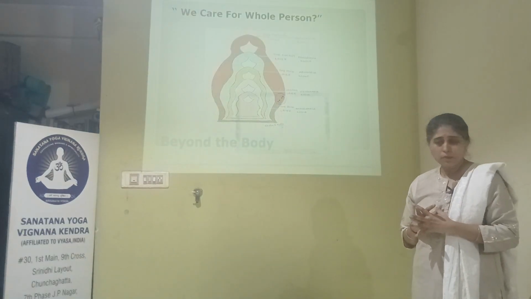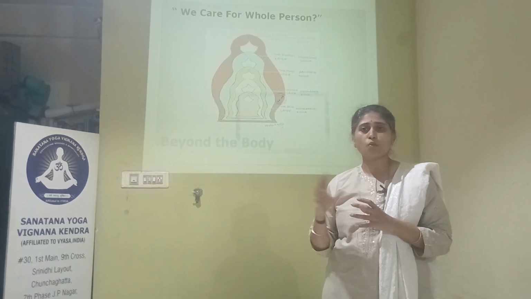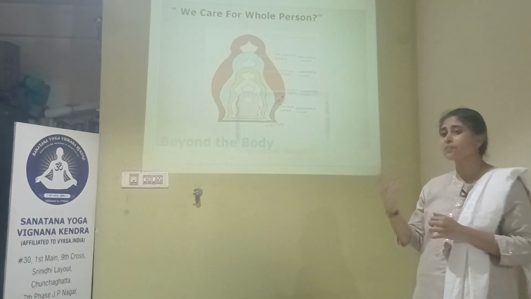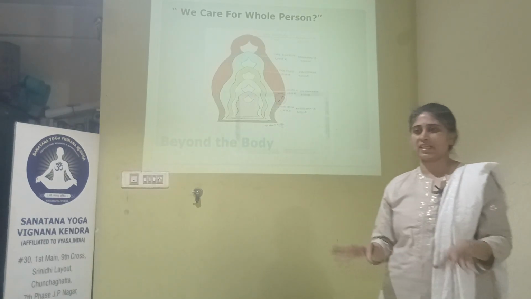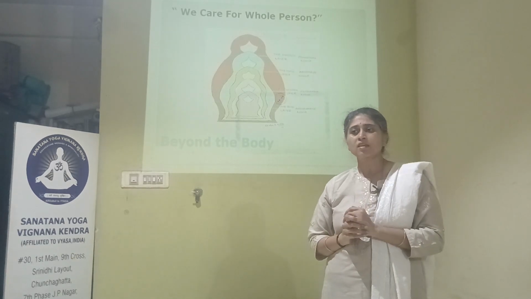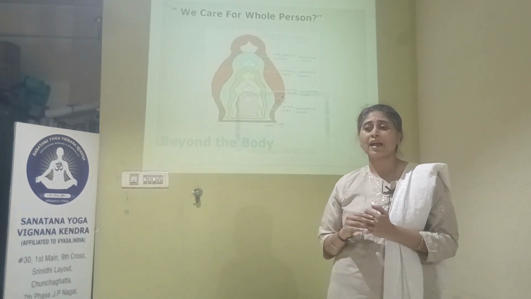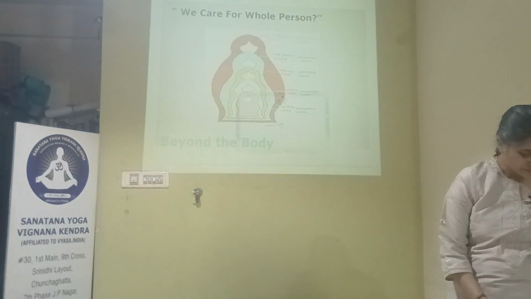I will be talking here with respect to prenatal yoga. Annamaya Kosha is the sheath of food, the physical form. So what practices can be given here, or how can this layer be taken care of? Here the practices are kriyas, loosening practices and yogasanas. Do you know about kriyas?